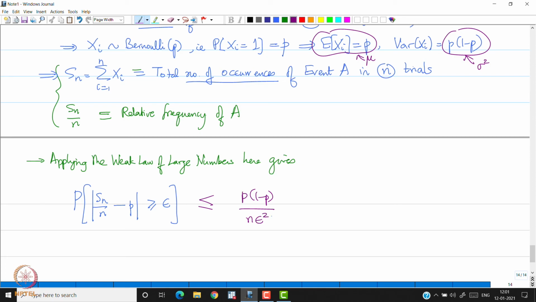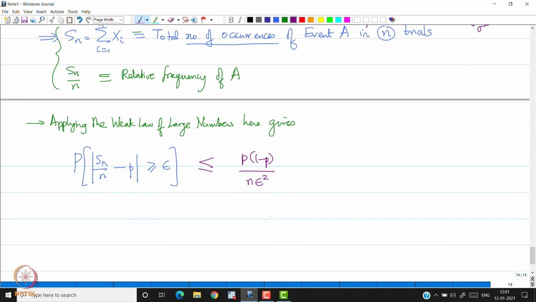So basically what we are saying is that this Sn by n is going to be a good estimate of p itself. That is the bottom line. The sample average, which we identified as a relative frequency, is close to this probability p.